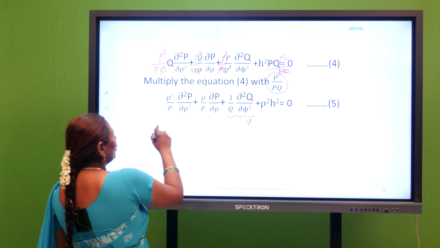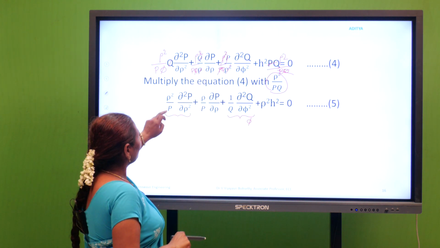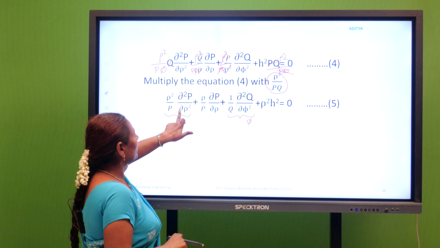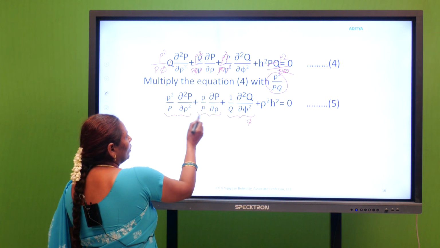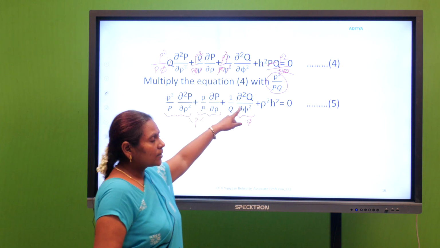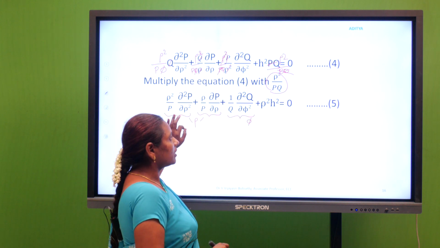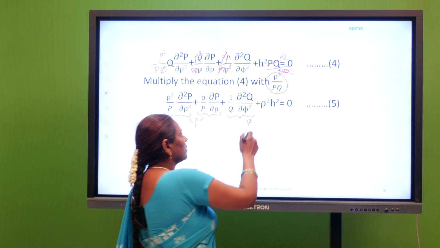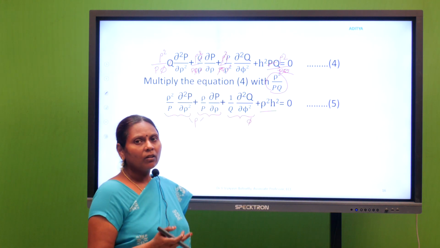Similarly, P is also a function of rho, so rho square by P dou square P by dou rho square is also a function of rho only. So, these two terms are functions of rho and this term is a function of phi. So, they are independent, that means here there is no rho term and here there is no phi term, and this is rho square H square, which also depends only on rho.